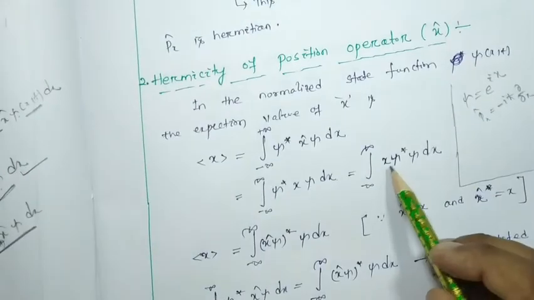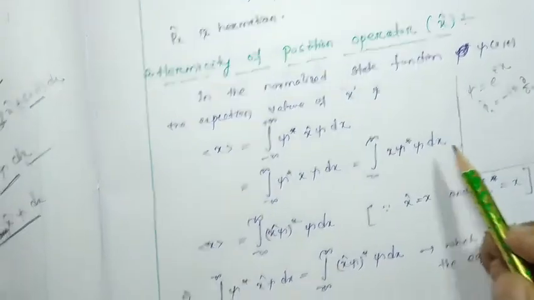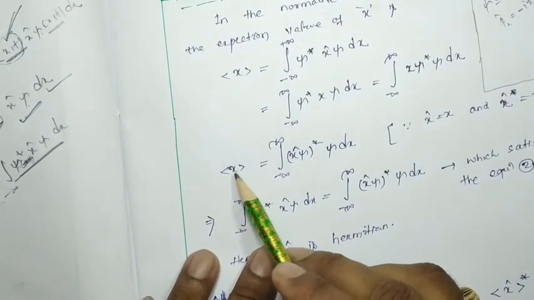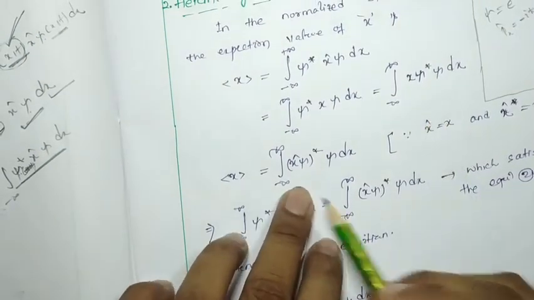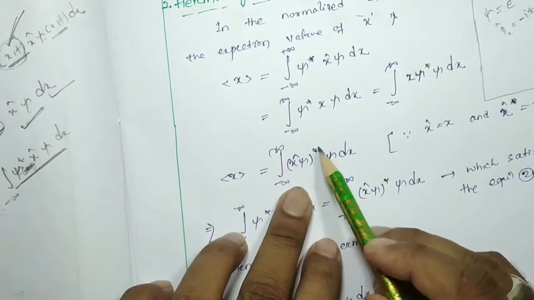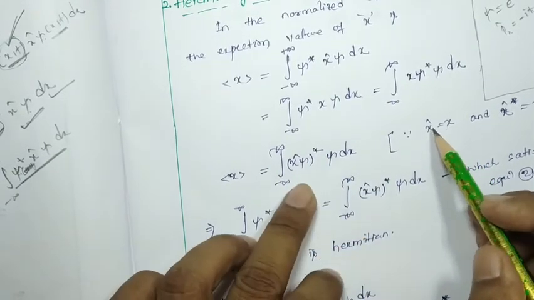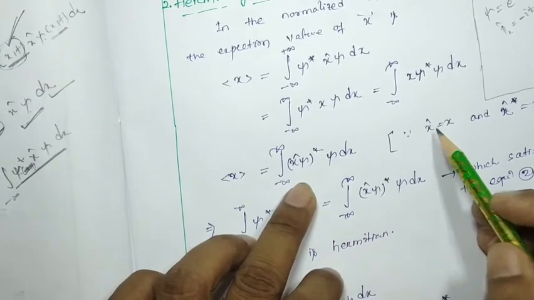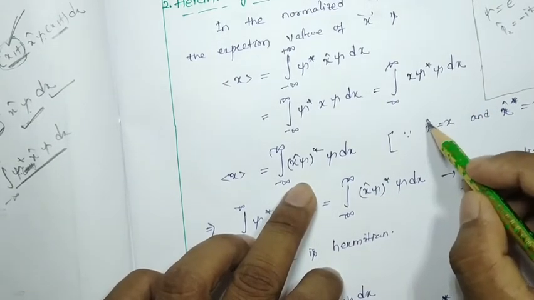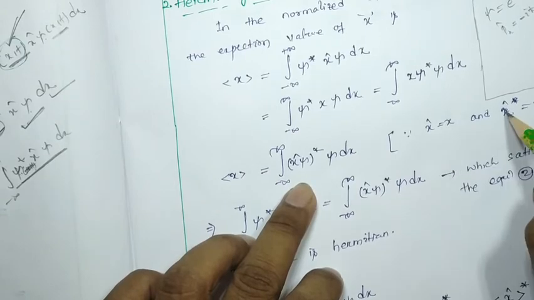x psi star psi dx, or the expectation value we can write as x cap psi star psi dx, because x cap, as position, will be real, so x cap will be x and x cap star is also x.